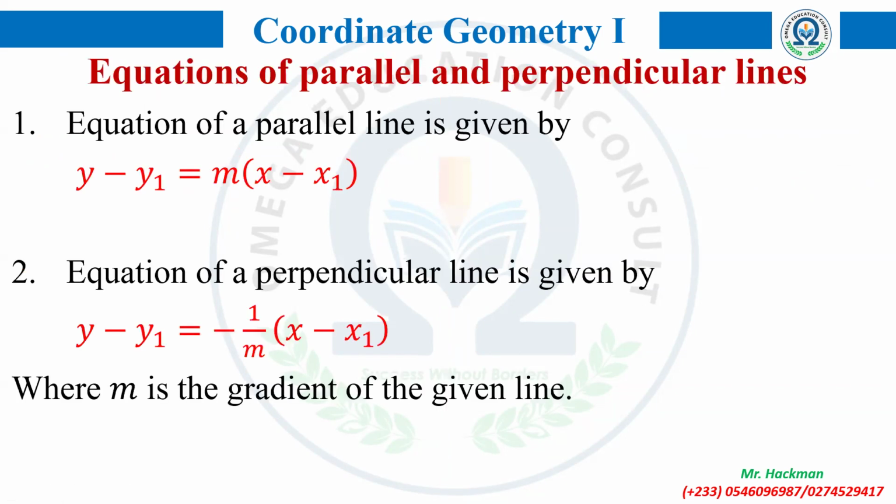So the point of intersection is what we've done. Even with the point of intersection, let me go back. The question can ask you to find the x coordinate of the point of intersection. If the question asks you to find the x coordinate, and you are solving by simultaneous equations, this is what you do.